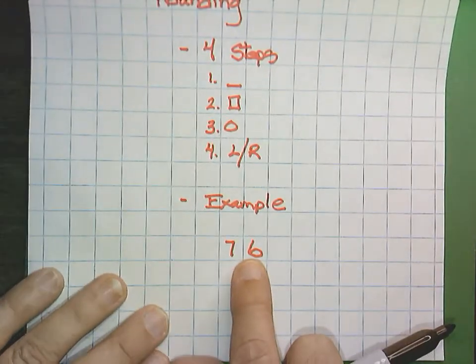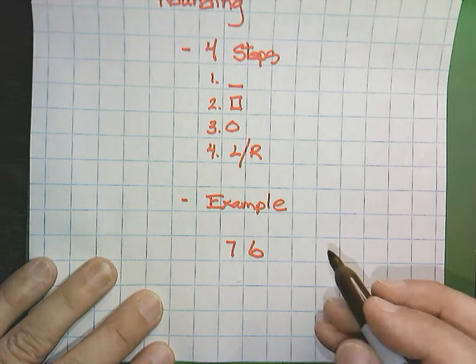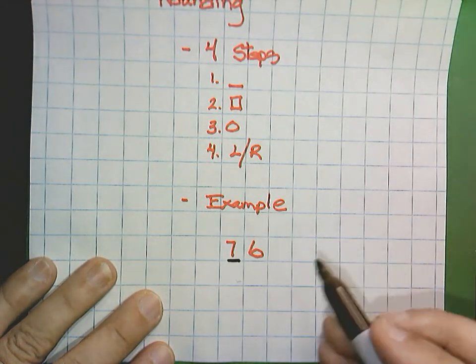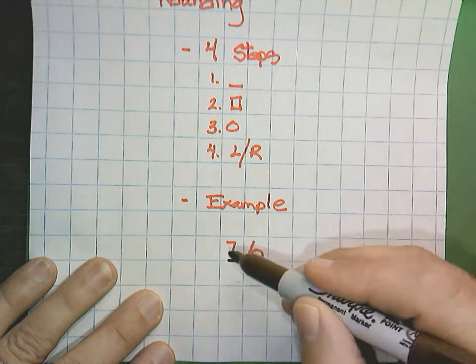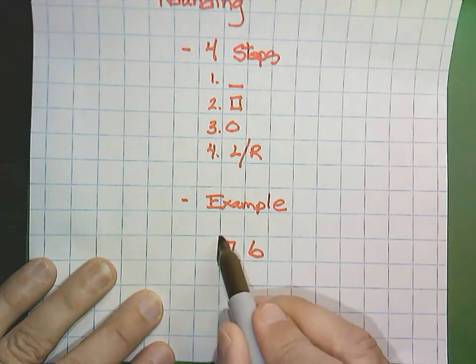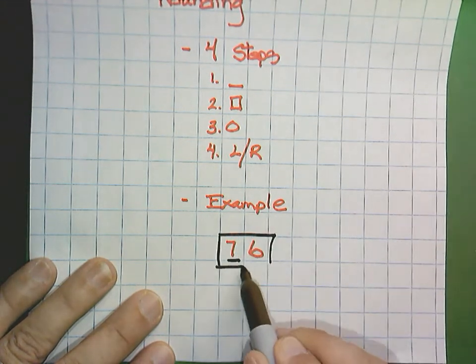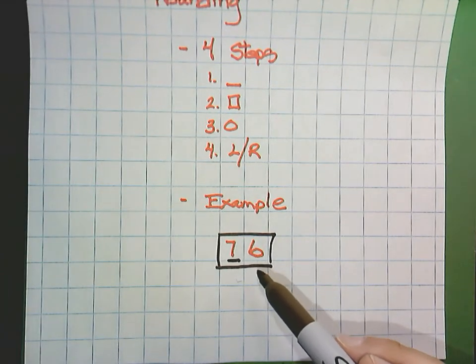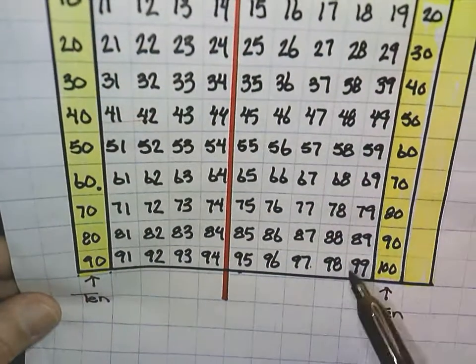So for example, 76, typically we would have to identify the place value. These are really easy because it's already just two-digit, but just to be consistent. Then 76, you would need to round that to the nearest 10. I'm just going to show you on a chart.